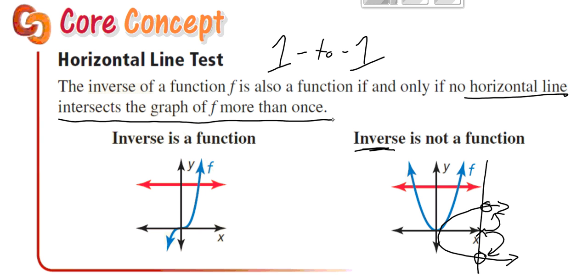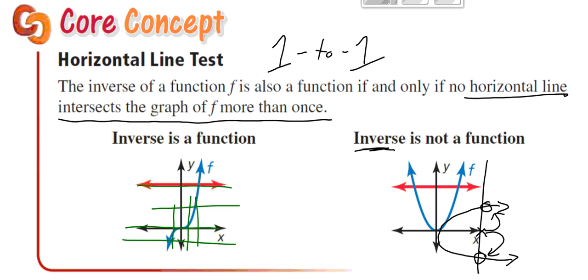So when we look at this other one, when it says it is a function, notice it passes my vertical line test, and it also passes that horizontal line test. Anywhere I draw a horizontal line, it only intersects that blue graph once.